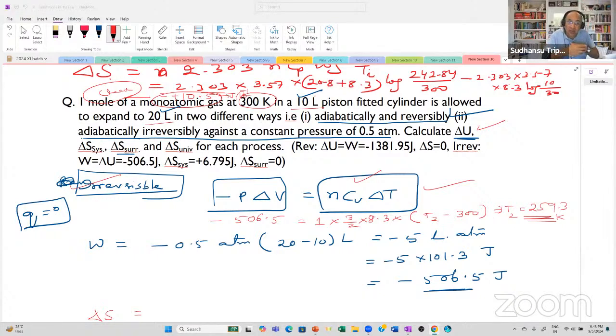So since the work done in the reversible process is greater, it will spend more of its internal energy, and therefore the temperature will be lowered to a greater extent than what it would be if the expansion were done suddenly against a constant pressure of lower value. I hope you understand. Do you?